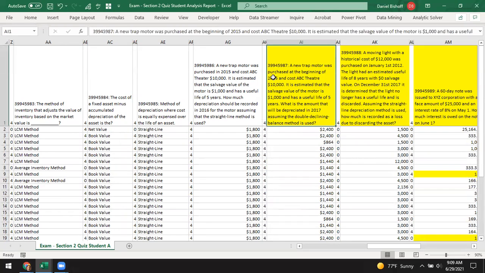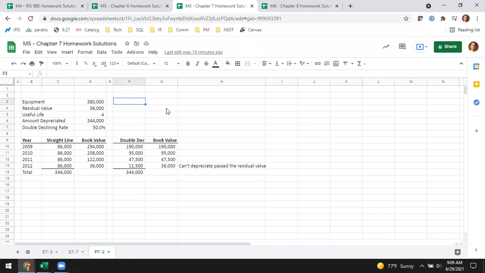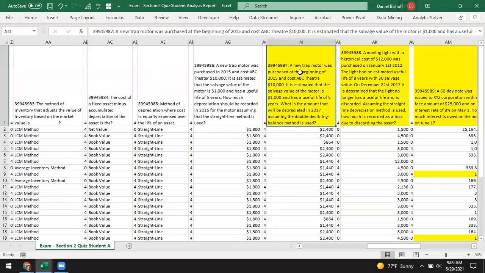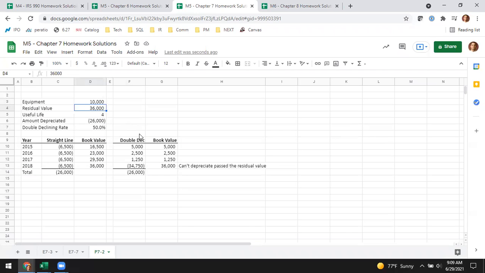Okay, a new trap motor was purchased in 2015 and cost ABC Theater $10,000. So the equipment costs $10,000. The years don't really matter, but I'll put that as 2015. Salvage value is $1,000 and useful life is 5 years.